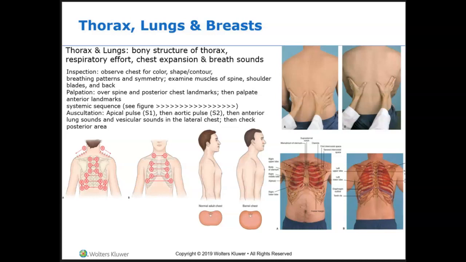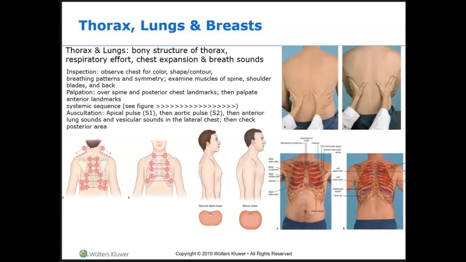The color should be consistent with the color of the face. The shape and or contour should have a downward equal slope at the rib cage. The chest should be symmetrical with the transverse diameter greater than the anterior to posterior diameter. That's what I was talking about with that barrel. It shouldn't be a barrel chest as seen in the picture in the middle and the bottom, right? That's a barrel chest.